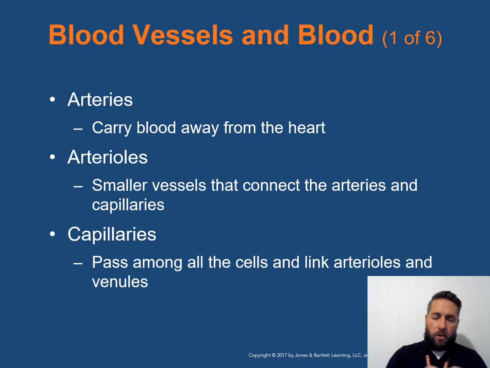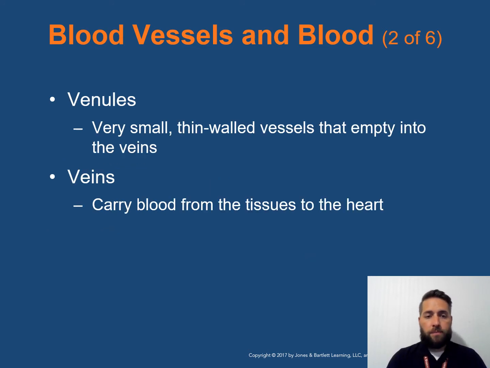So arteries carry blood away from the heart. Know that it goes to arterioles, and then it goes all the way to capillaries. Capillaries link the venules and arterioles together, and that's where the diffusion of gases and nutrients happens, at the slowest, cellular level.